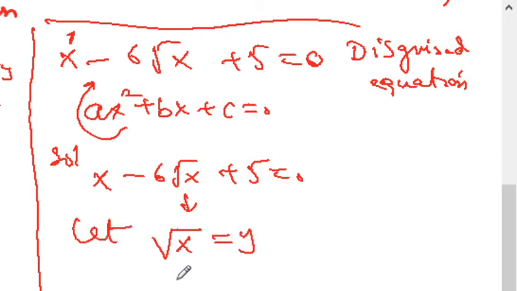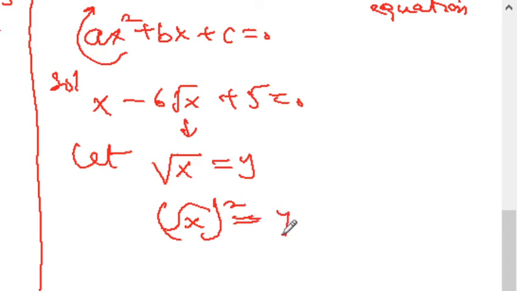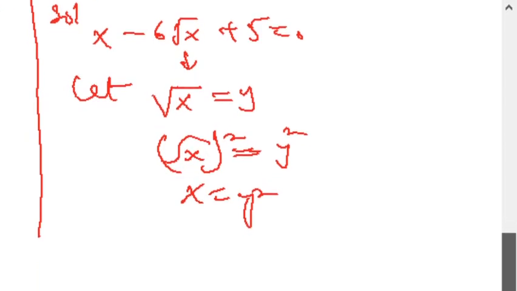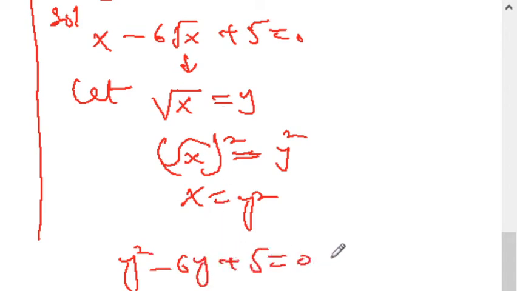If root x is y, and I take the square on both sides, x is equal to y square. Now just replace. x can be replaced with y square. So y square minus 6, and root x can be replaced with y, plus 5 equal to 0.